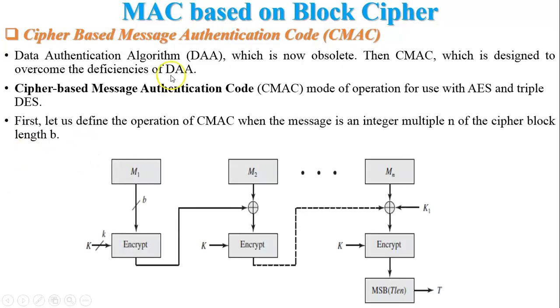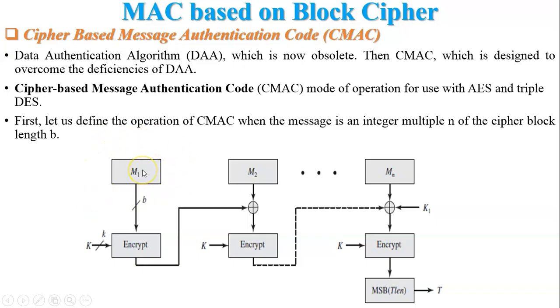First let us define the operation of CMAC, when the message is an integer multiple n of the cipher block length b. In this figure, in the encryption process we apply triple DES or AES, which gives more security. If AES is applied, a 128-bit block is used.